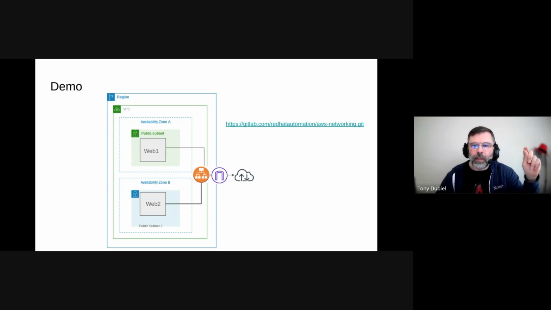So one of the things is I have to have a network interface, right? There's this elastic network interface that remains, and it has to have a subnet. I've already assigned public subnet 1 to Web 1 and public subnet 2 to Web 2. So I'm unable to delete those unless I want to decommission these instances.